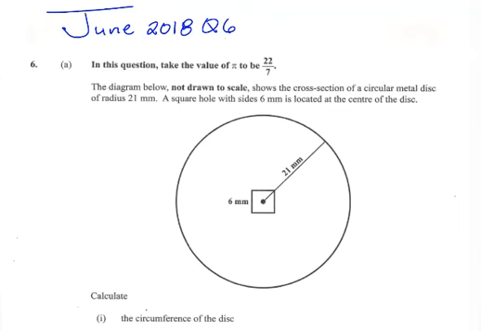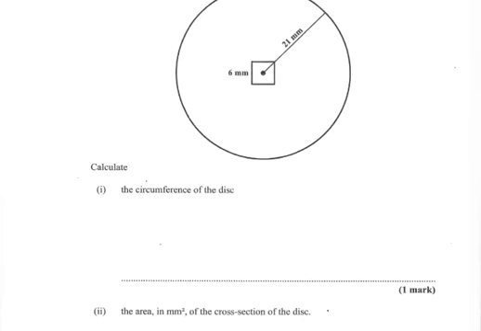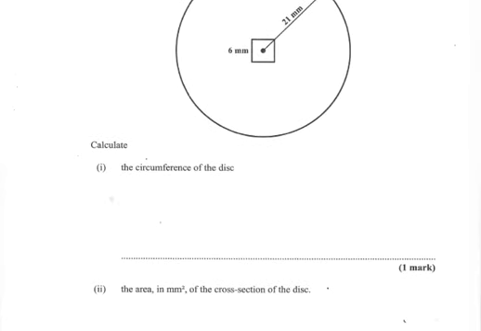Alright, we're asked to calculate the circumference of the disc. So, circumference C is equal to 2 pi r.